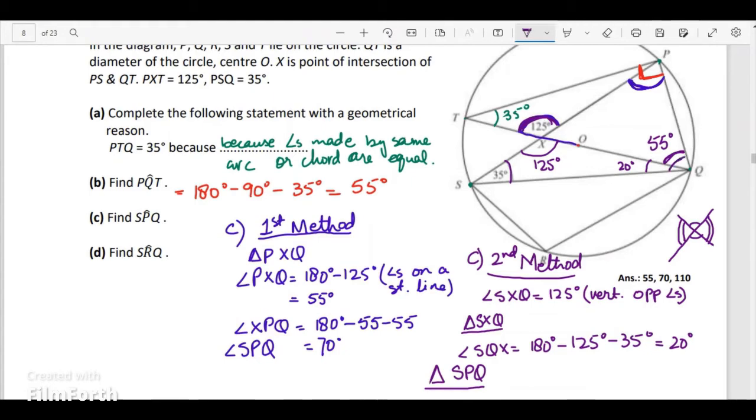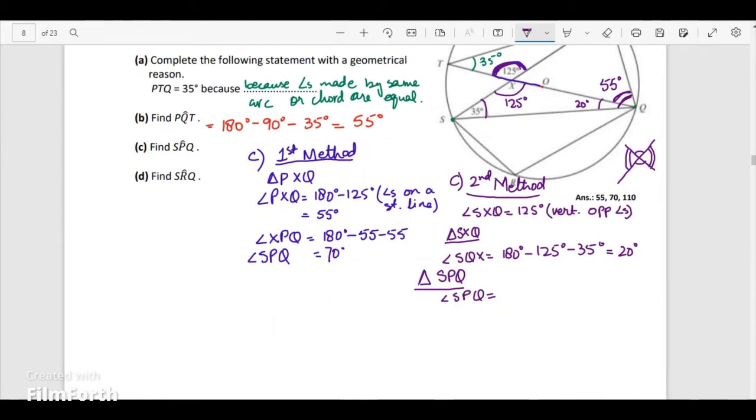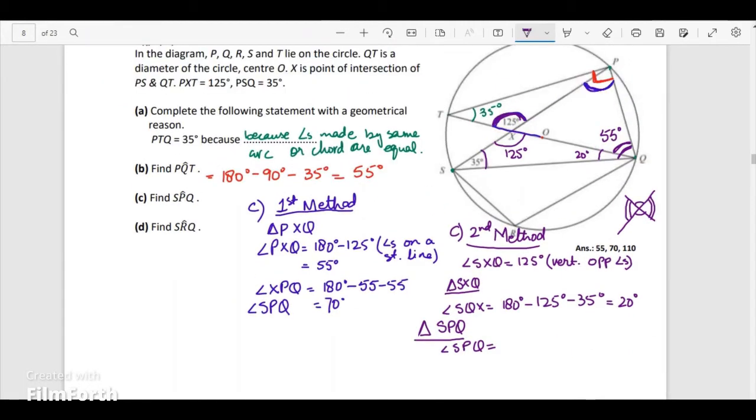This whole angle, you can add them, that would be 75 degrees, and hence you can find angle P. So angle SPQ would be equal to 180 degrees minus 35 degrees minus 75 degrees. How did I get 75? 20 plus 55. This whole angle is 75 degrees.